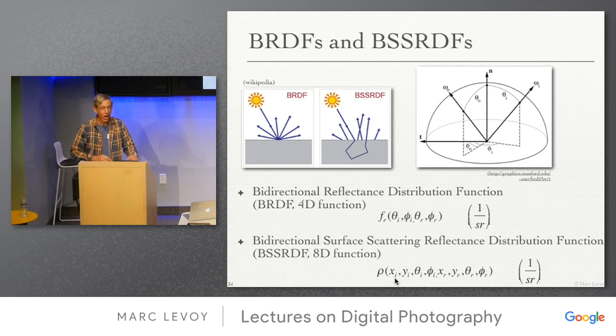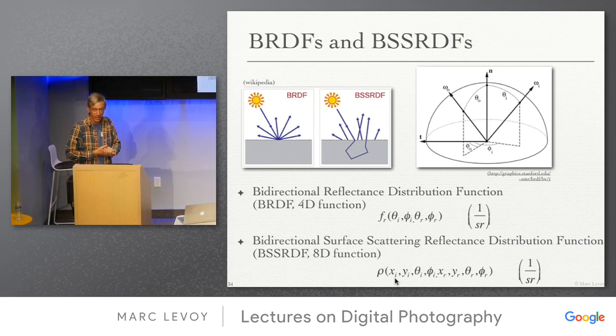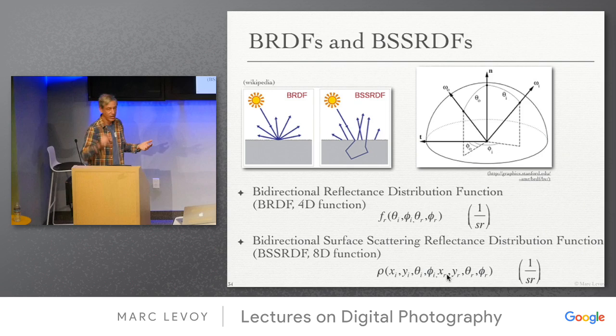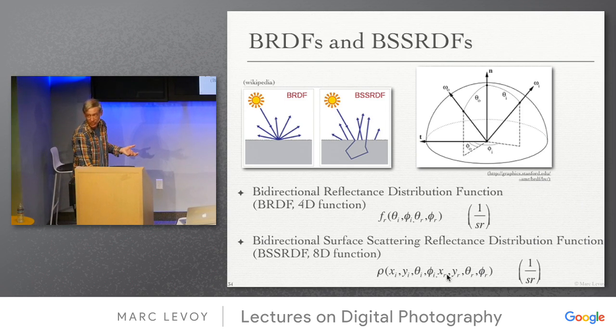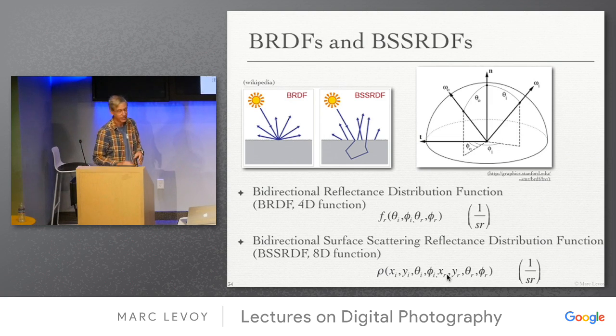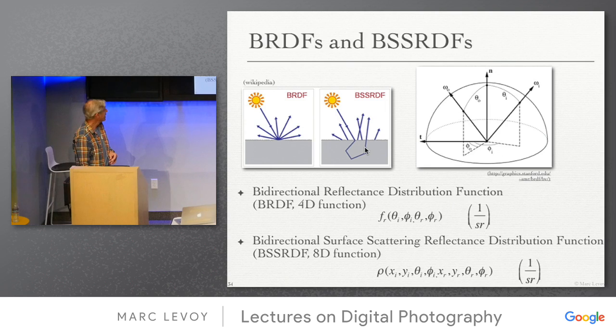If we are modeling it just as a function of what's going on the surface, and not actually modeling what goes on underneath, but simply characterizing it parametrically here, then we can think of it as arriving at one point and leaving at another point. And so you can make this 8-dimensional function called the bidirectional surface scattering reflectance distribution function, the BSSRDF. And so that's very important in computer graphics.